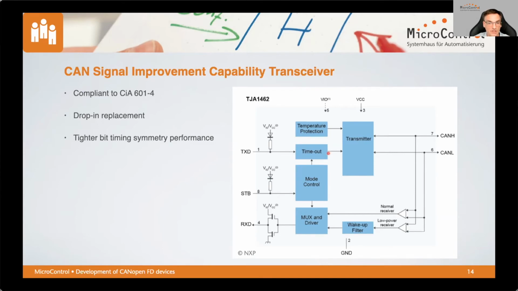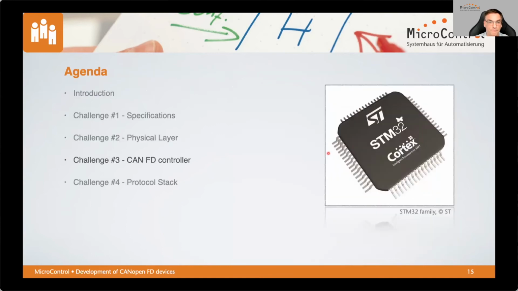These devices have much better capabilities for higher bit rates than the existing devices available on the market right now. If you're using transceiver devices not compliant to CiA 601-4, you will typically be limited to 2 megabit in the field. And it's quite difficult to achieve 4 megabit or more with these transceivers available right now.